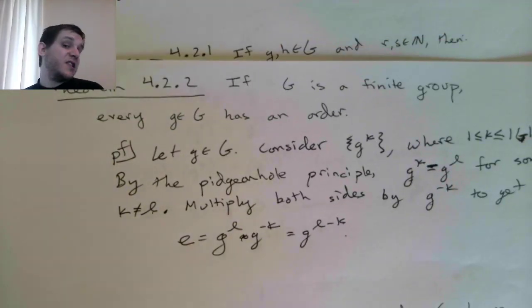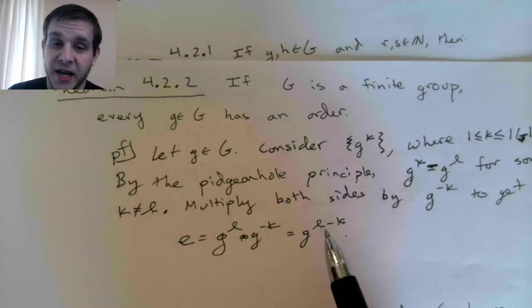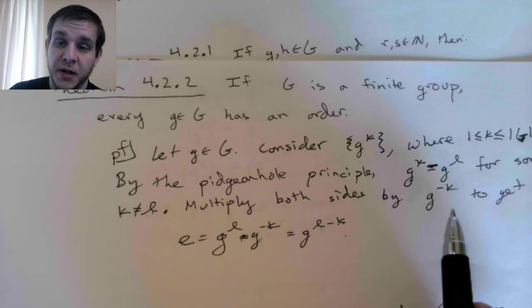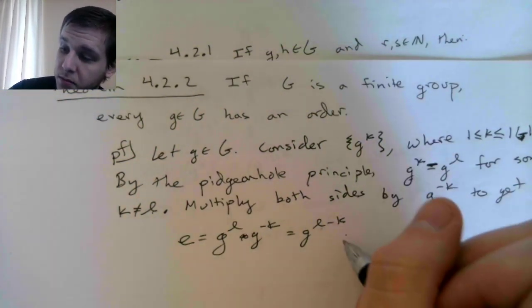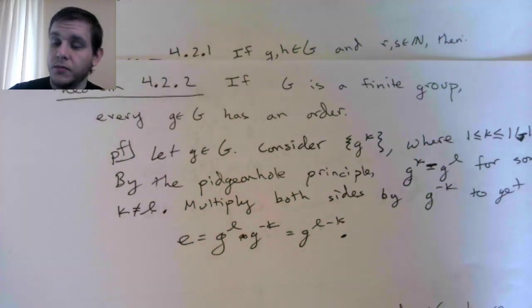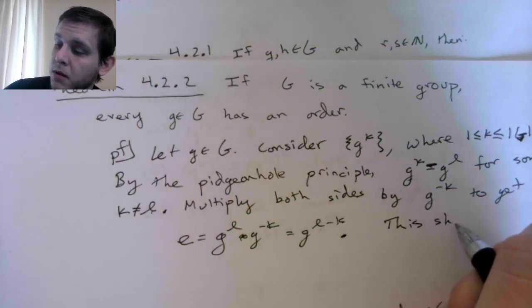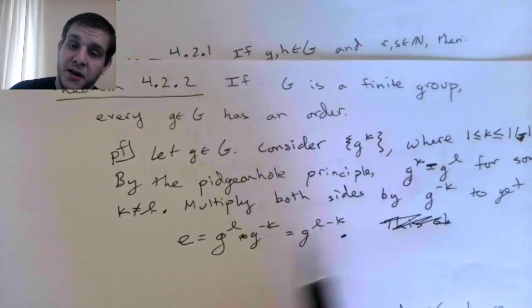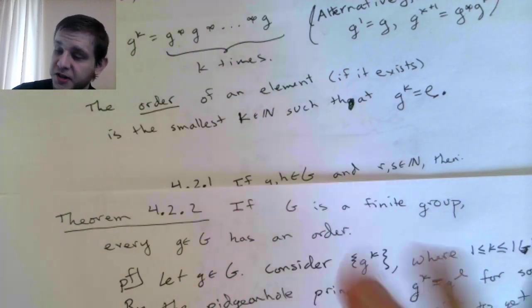So there's some power of g that is the identity. Here I did it if l was bigger than k. If k was bigger than l, I would just multiply by g to the minus l. And the order of an element is just the smallest number such that this happens.